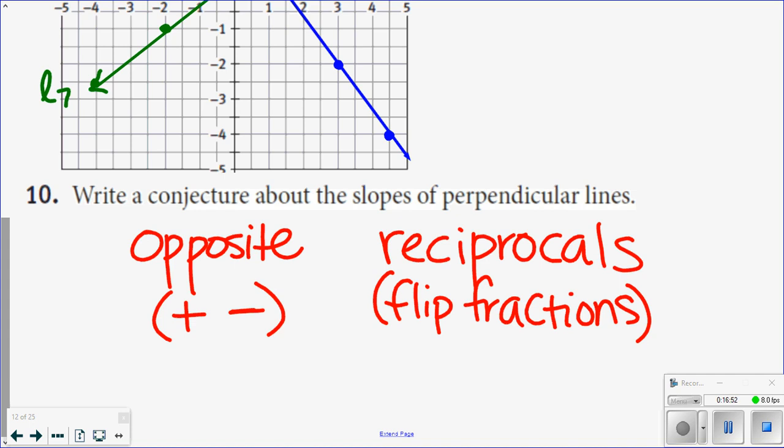Opposite reciprocals: one slope is positive, one slope is negative, and we have to flip them.